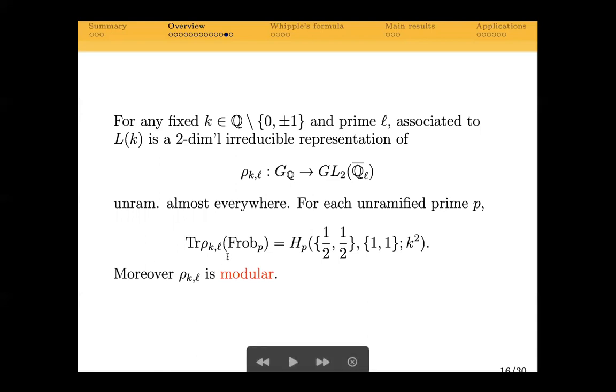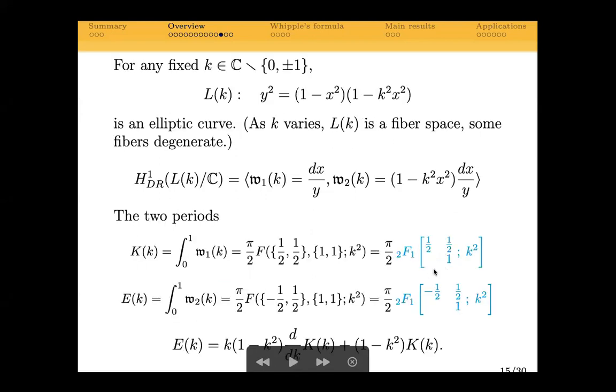The trace of Frobenius for this particular Galois representation arising from the elliptic curve turns out to be nothing but the character sum corresponding to the multi-set alpha equal to 1/2, 1/2 and beta equal to 1, 1, and k squared, which is consistent with the complex periods. The complex periods correspond to the same kind of multi-set, with alpha equal to 1/2, 1/2 on the top and beta equal to 1, 1 down here.